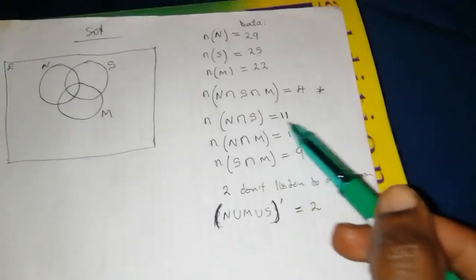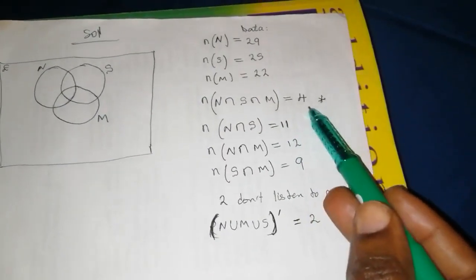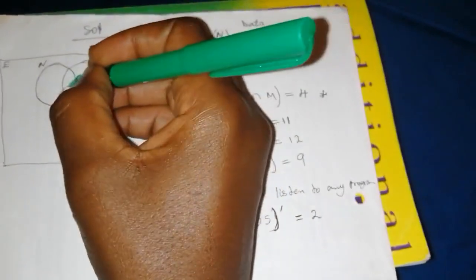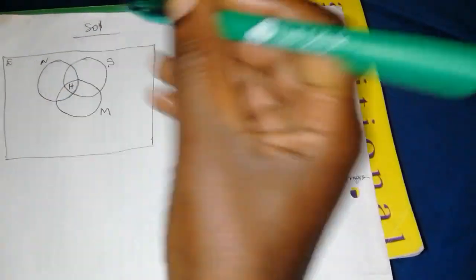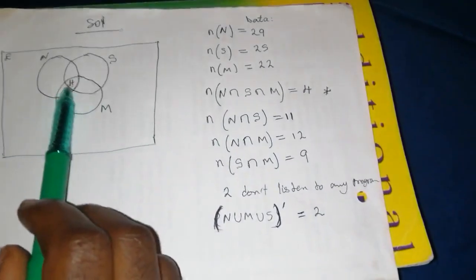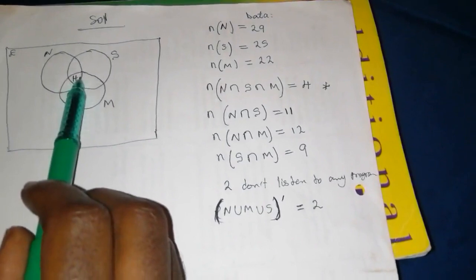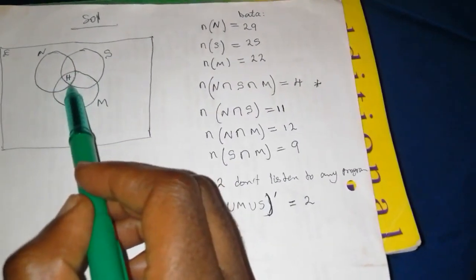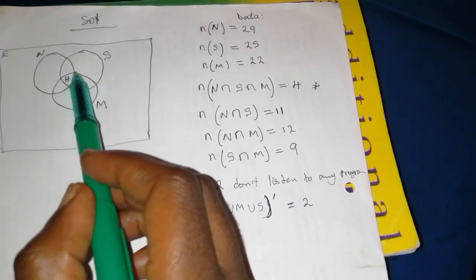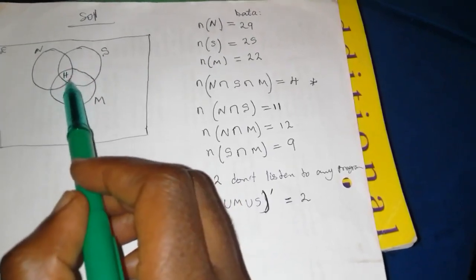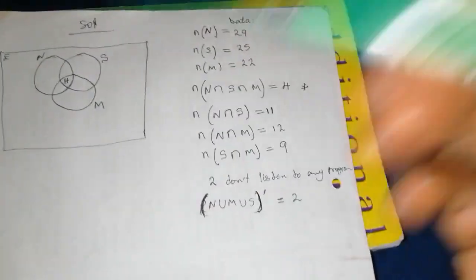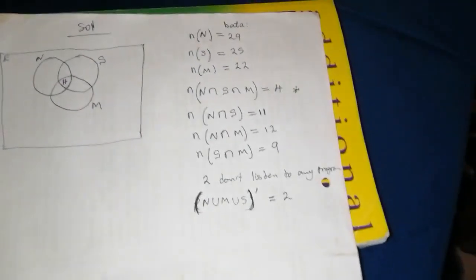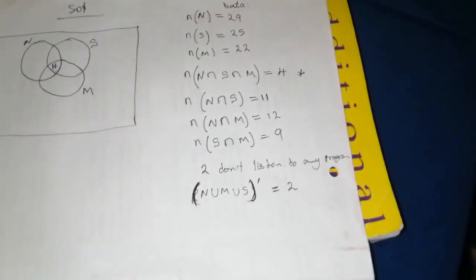Those who listen to all the 3 programs are 4, and I'll bring the 4 to the middle like that. If you look at this box, it's covering all the 3 sets. It has a piece from N, M and S, so it's catering for all the 3 programs. So you put your 4 there.